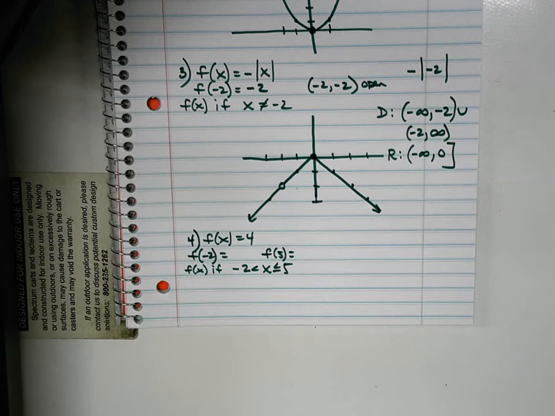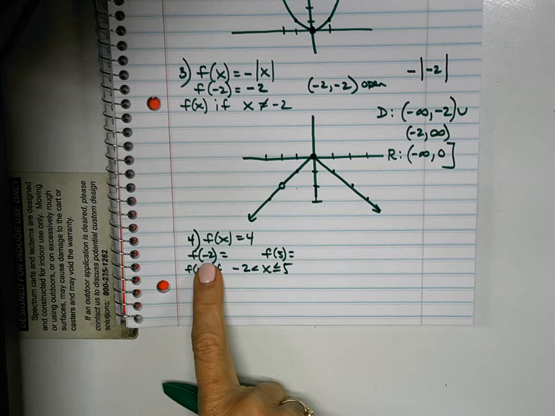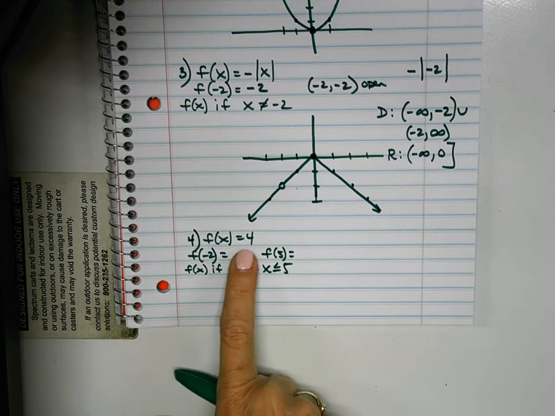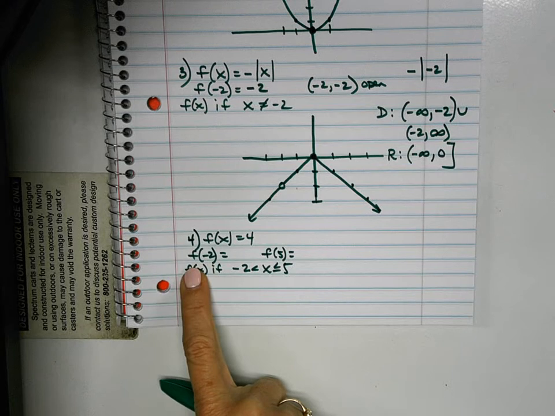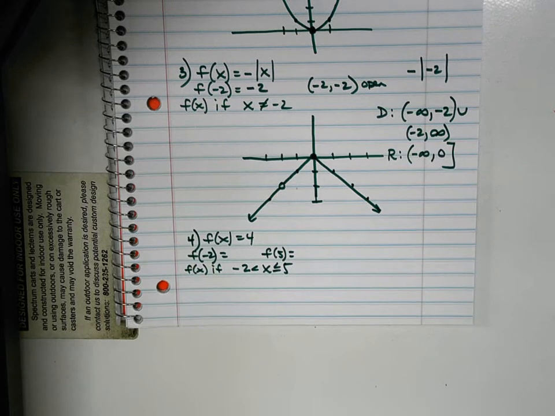I don't even know the question. I got to figure out what f of -2 is. The function is defined to be 4. So what's f of -2? What do you think it is? -4. Okay, got a vote for -4. Any other votes? Any different ideas? No idea? No clue? Okay.